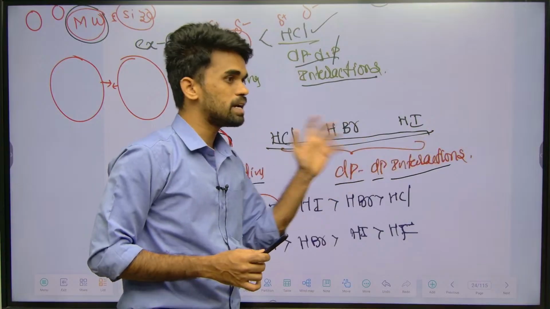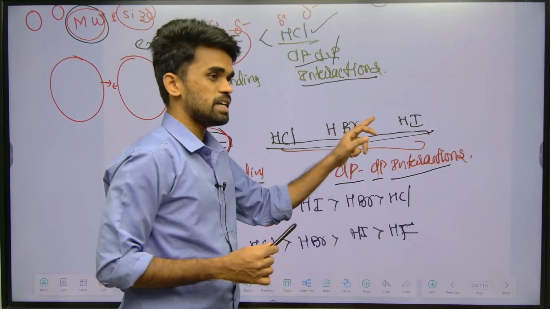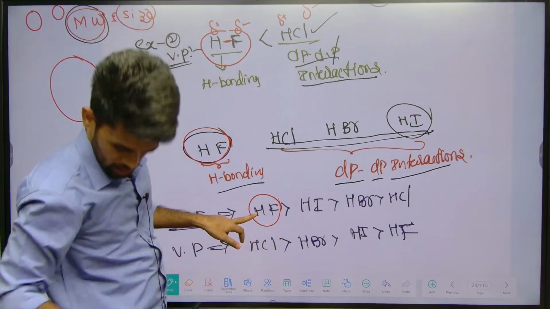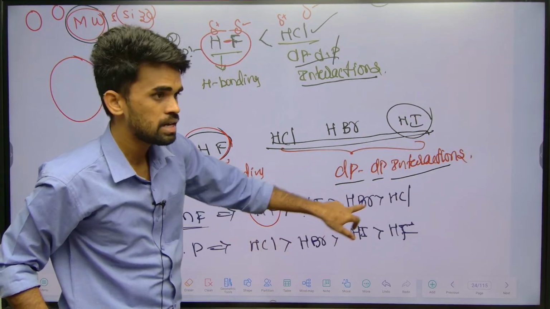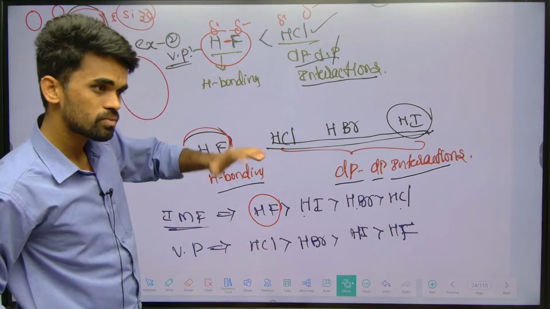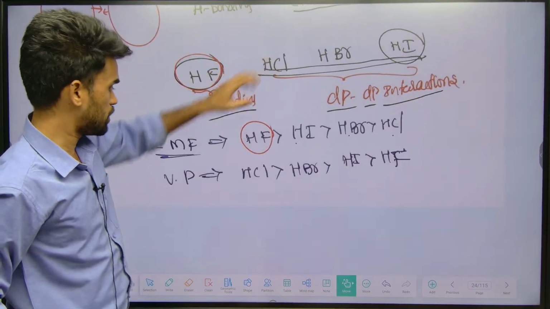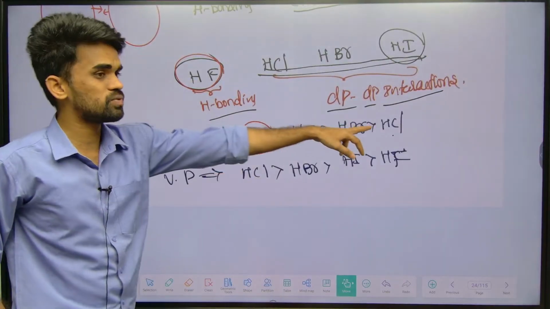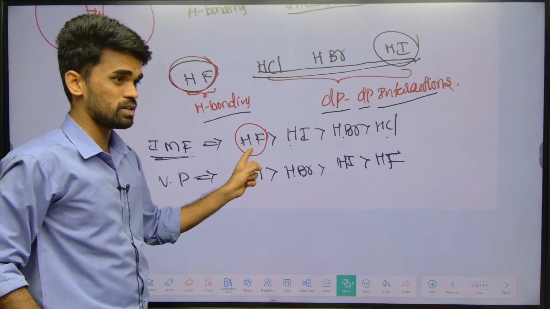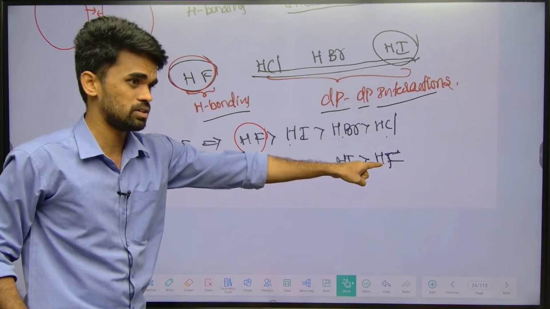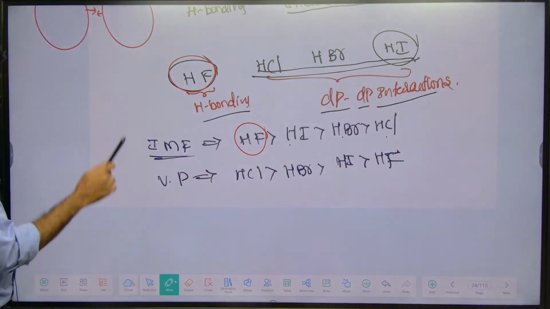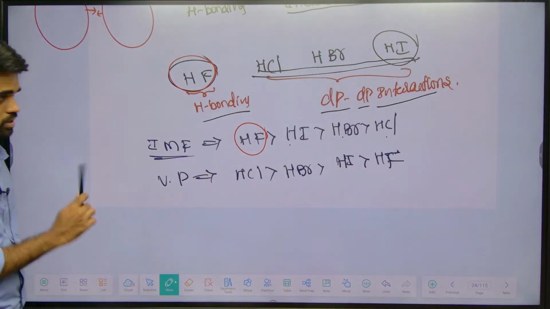Which is bigger here? HI is the bigger size, so more intermolecular forces there. So first HF, next HI, next HBr, least HCl, in terms of intermolecular forces. Which one has less vapor pressure now? HF. That's why it is least. Opposite of that order you will get for vapor pressure. Clear now? Clear or not, what we are discussing?